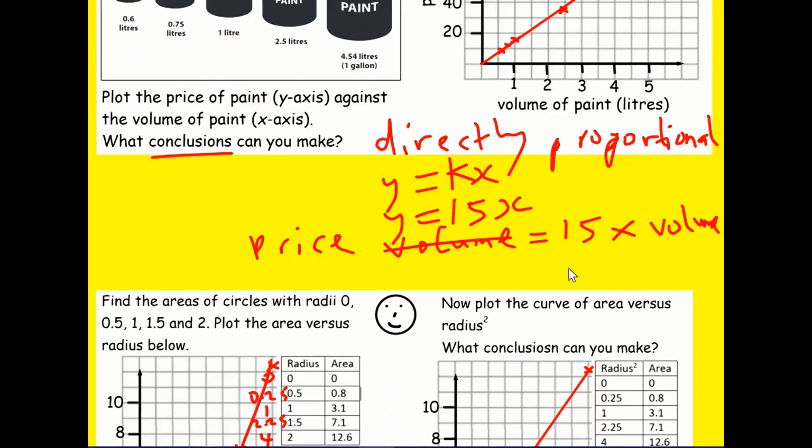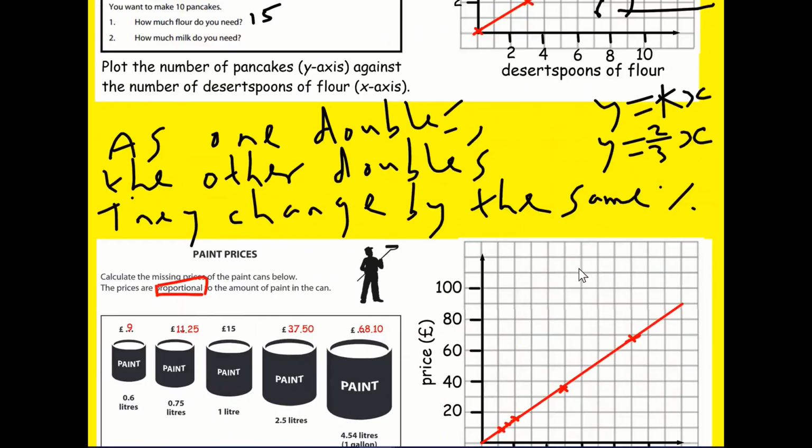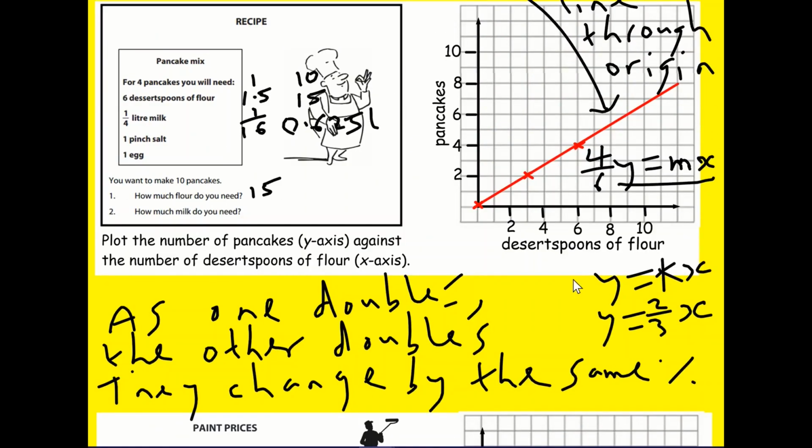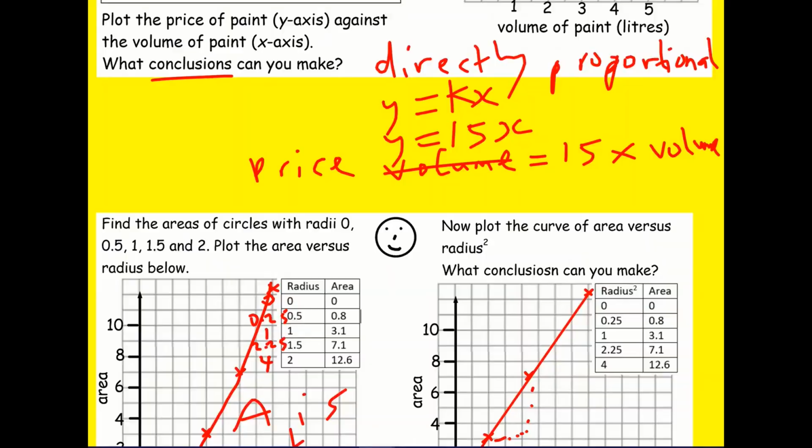So if I go back to my earlier example, I'm going to go back to the very first one. I could write down that y is proportional to x, and then it would follow that y equals kx. Okay, this is just a bit of notation to mean proportional, but it is important that you understand if I write that, then this follows, because we're going to talk more about that next lesson.